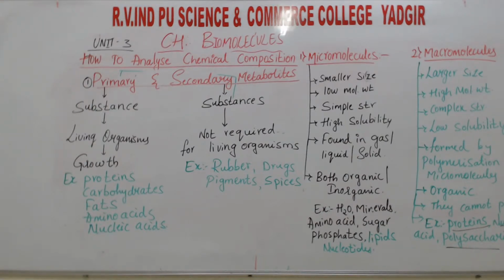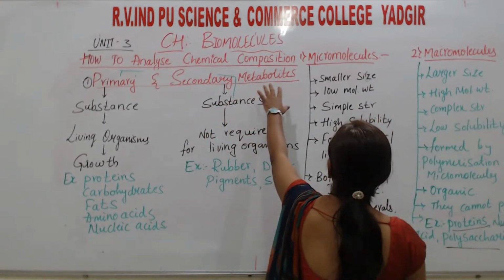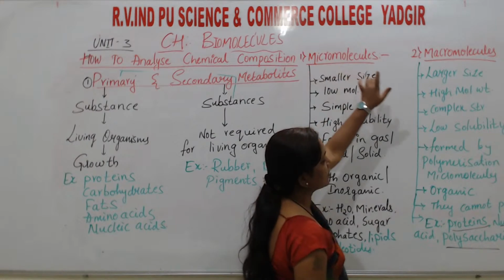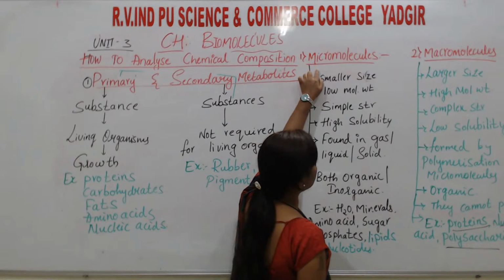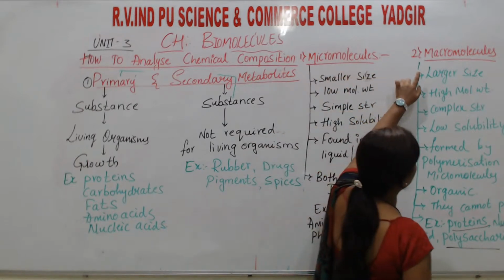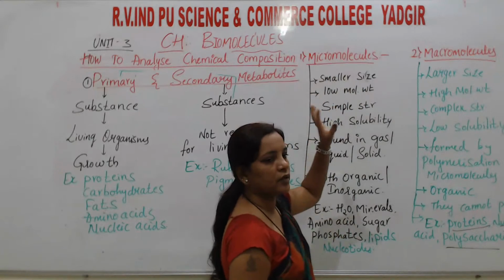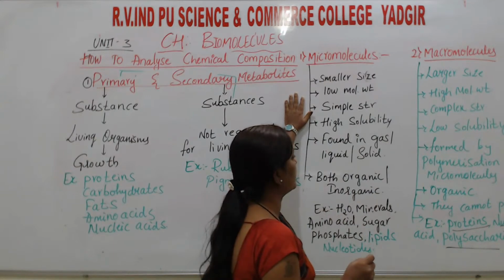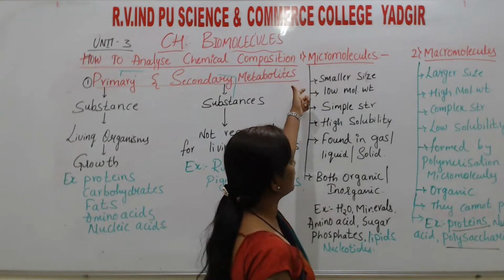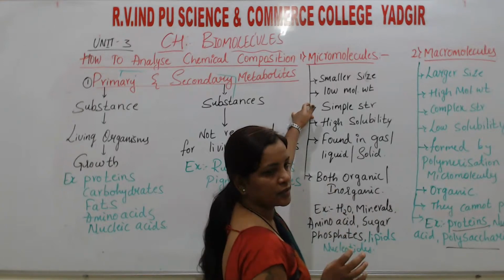So you are going to see the differences between micromolecules and macromolecules, what we have studied. Introduction: before going to analysis, you should know micromolecules and macromolecules. Micromolecules are converted by condensation into macromolecules, based on the size of biomolecules. Micro means small, macro means large.